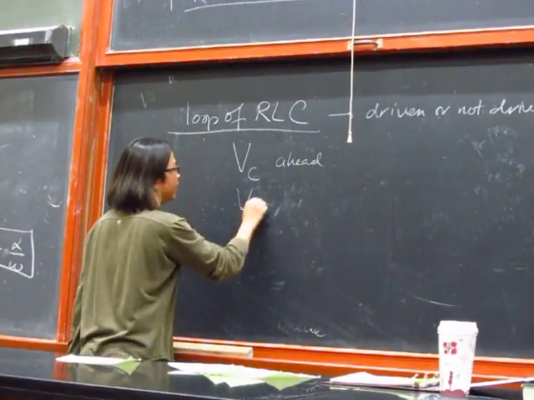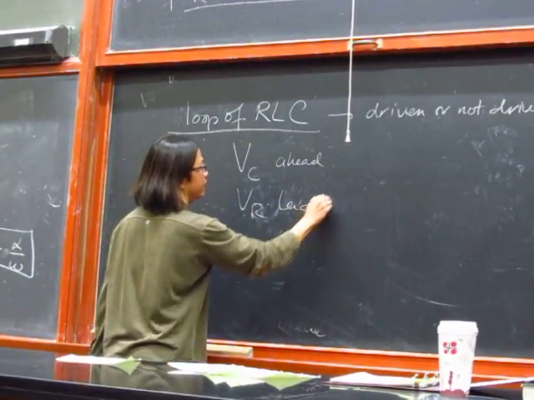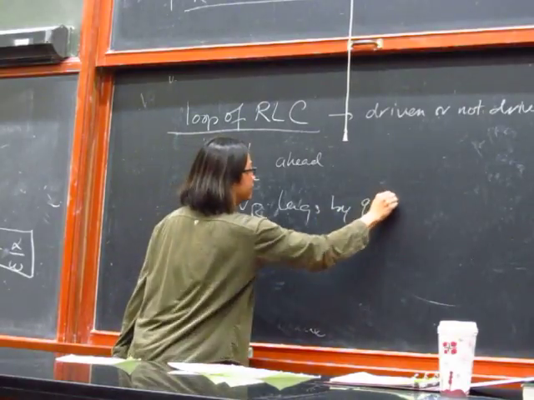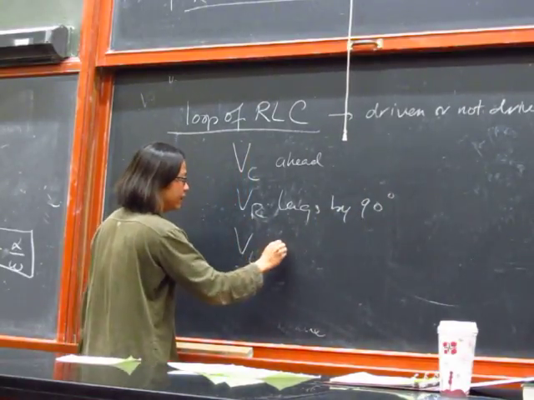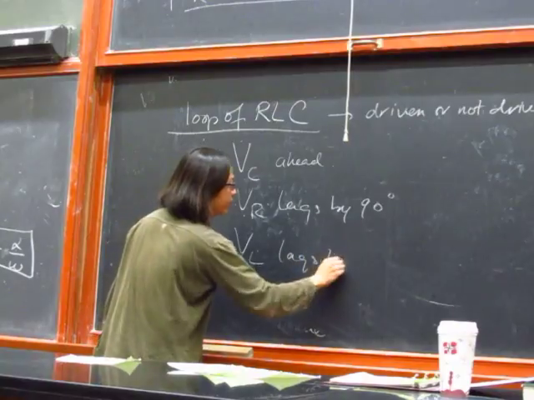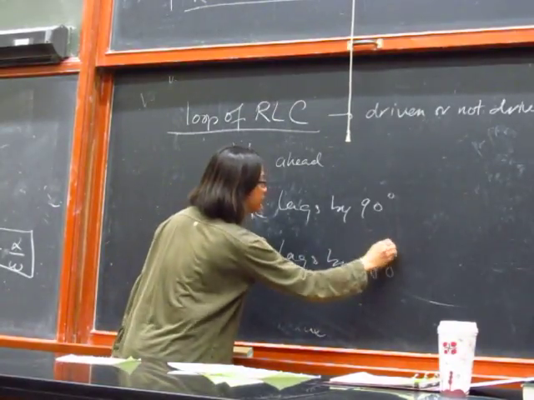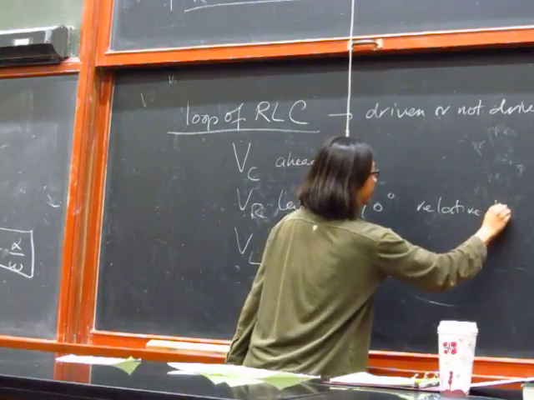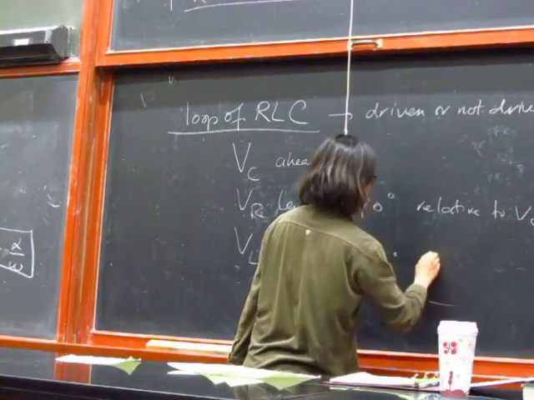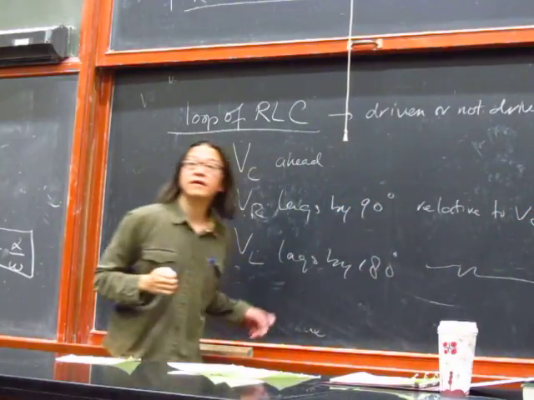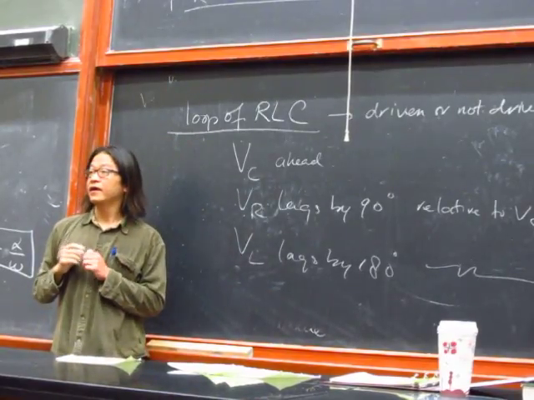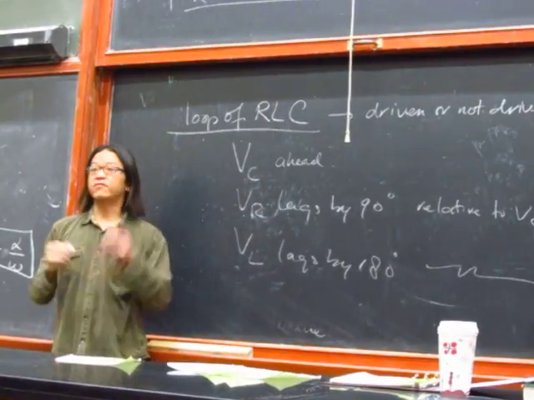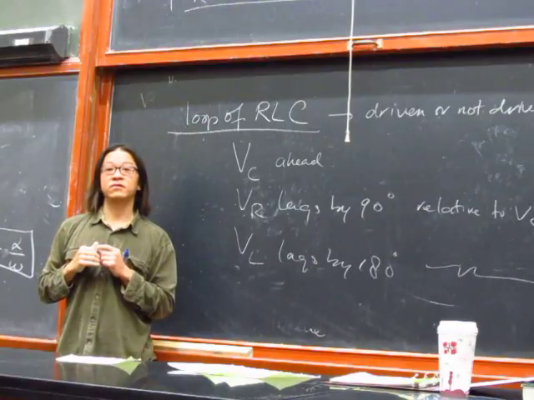And then Vr lags by 90 degrees, okay? And Vl lags by 180 degrees relative to Vc. Okay. They form a triad of some sort.